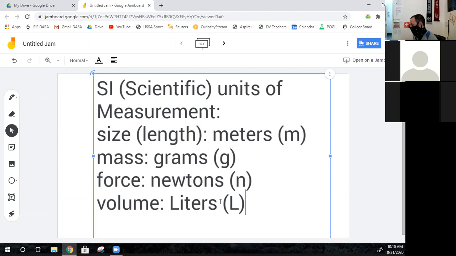Oh my gosh, guys. I think that honestly, the volume measurement in the British imperial system is the worst. Of all of them, inches and miles and furlongs and feet, they're at least somewhat understandable.